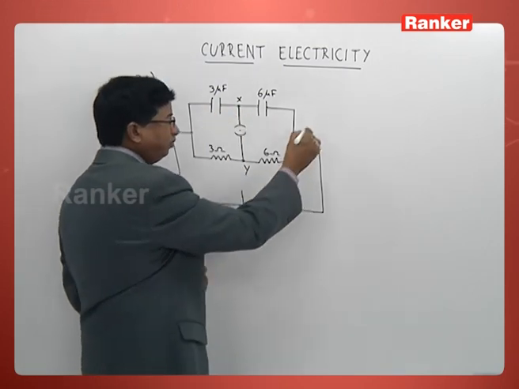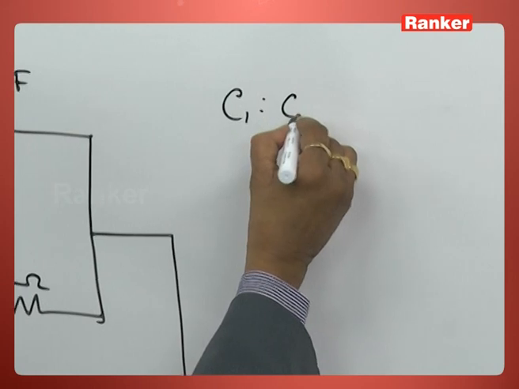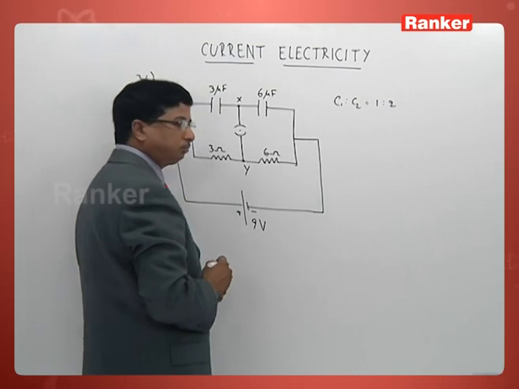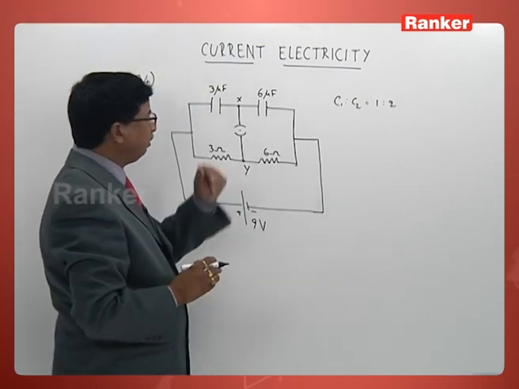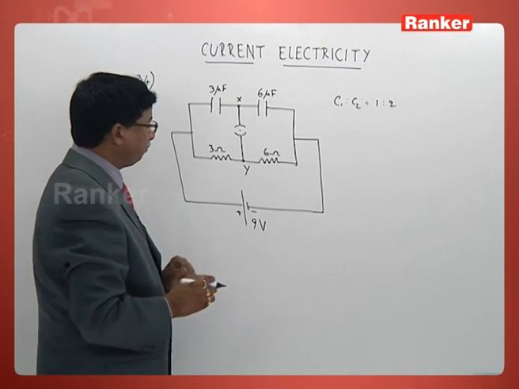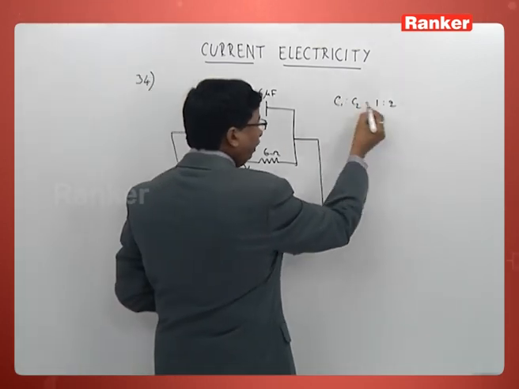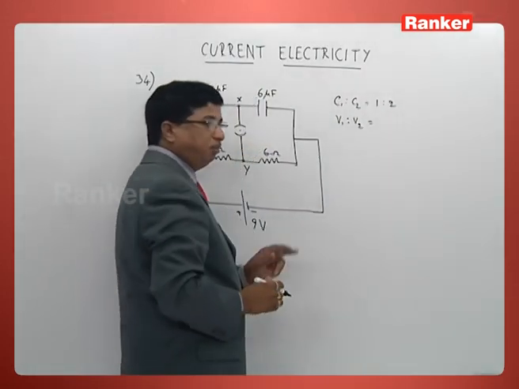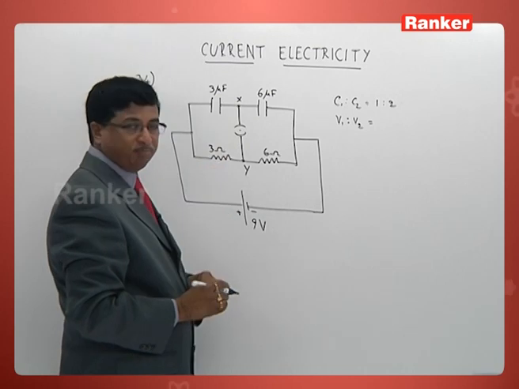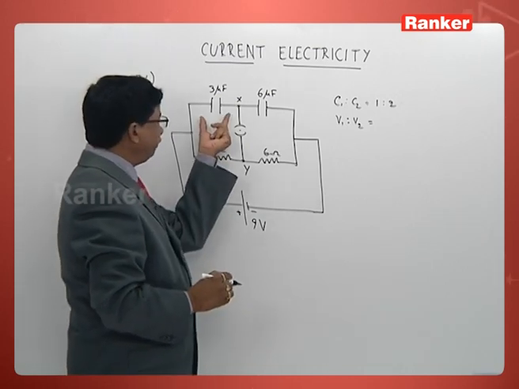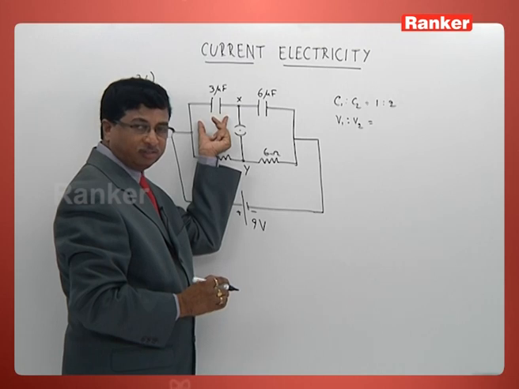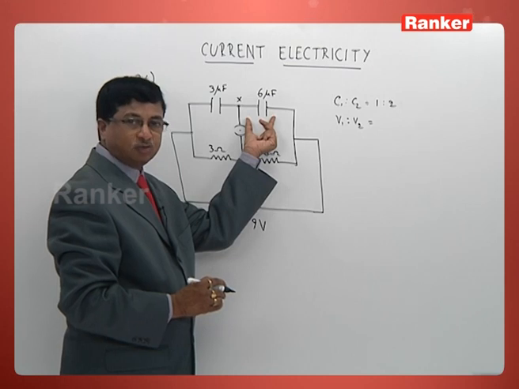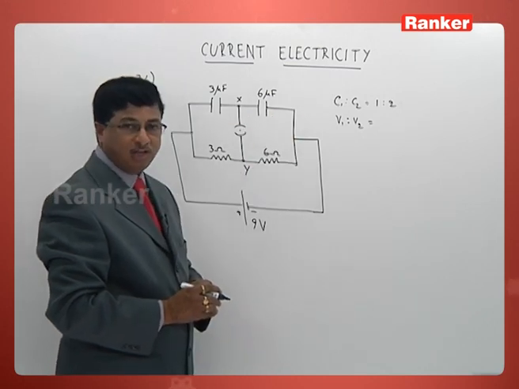So one thing you should understand straight away. Capacitors, when I consider C1 is to C2, which now is going to be 1:2. When C1 is to C2 is 1:2, what would be the ratio of potential differences across them? If I take the potential difference across the plates of the first condenser as V1, and across the second condenser as V2, what would be the ratio there?